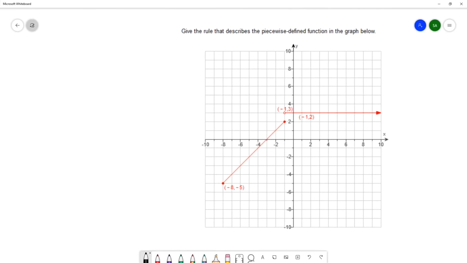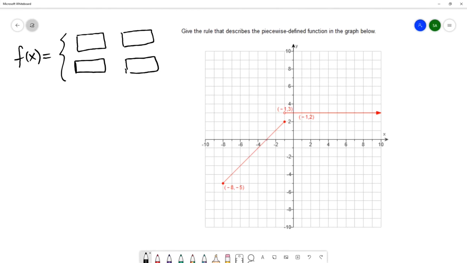So with a piecewise defined function, we draw it with curly braces, and this one is going to have two equations, and those two equations are going to match the two pieces of the line that we have. And then next to the equation, we have the conditions, and the conditions will tell us when to use each of those equations. So let's call this one equation 1 and this one equation 2. I'll use this line to find equation 1 and this one to find equation 2.